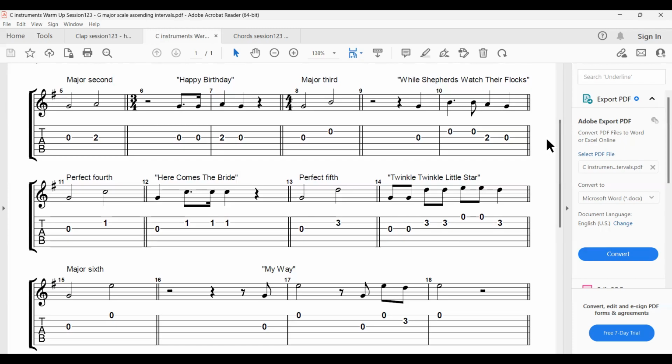So when you hear 'while shepherds', major third. 1, 2, 3.